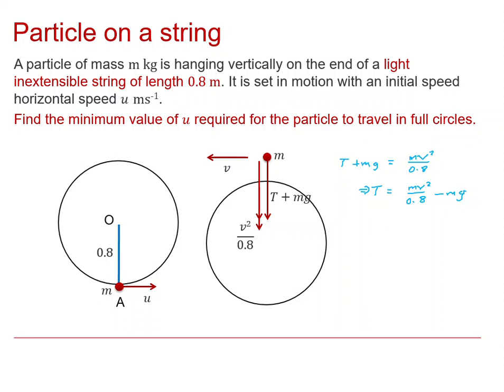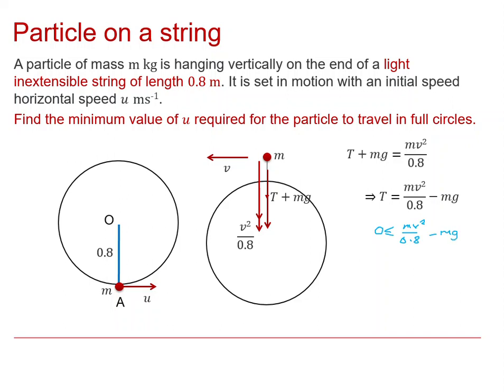To put it in the terms of this question, we're going to insist that T has got to be positive, and that means we'll get a criterion on v. So there's what I've just said. Let's now insist that T is positive, so we end up saying that 0 is less than or equal to mv squared over 0.8 minus mg.